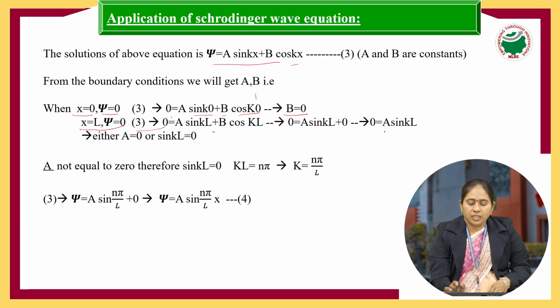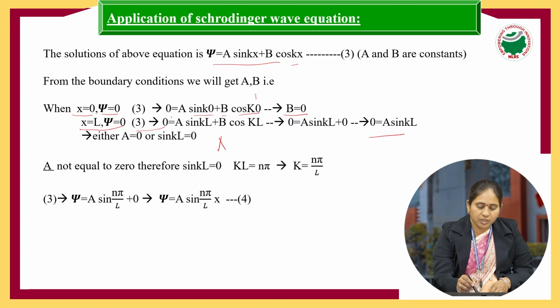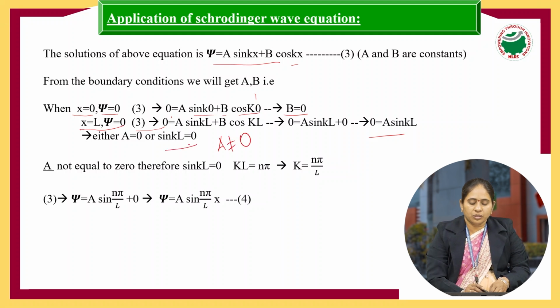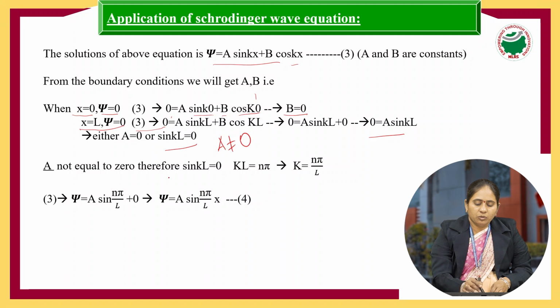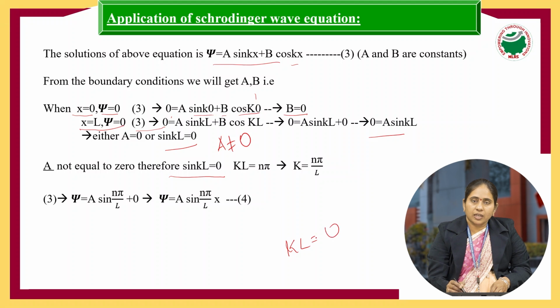So in this condition, A sin kL equal to 0 means either A equal to 0 or sin kL equal to 0, but not both. A should not be equal to 0 because A is a constant. So the only possibility is sin kL equal to 0. When does sin kL become 0? When kL is equal to 0, sin kL is 0.